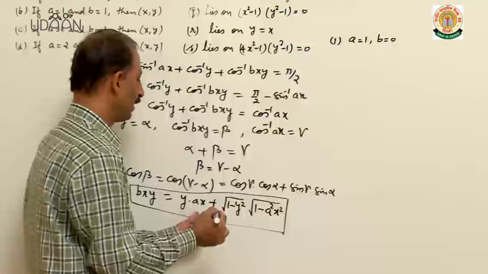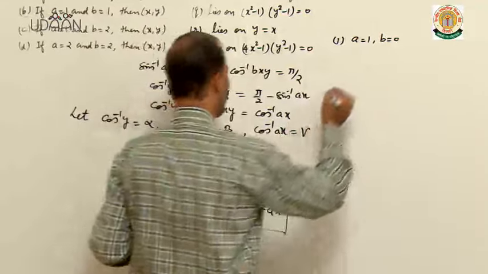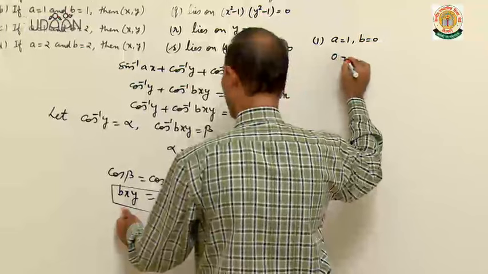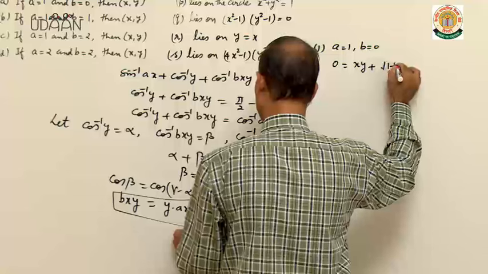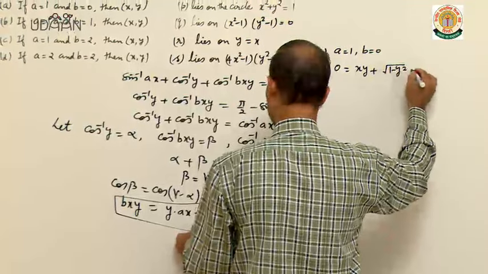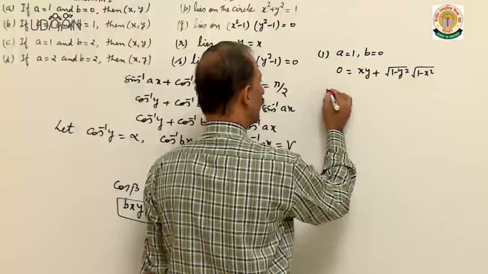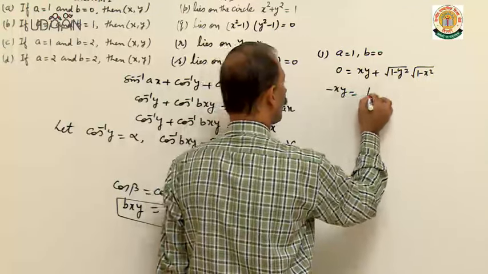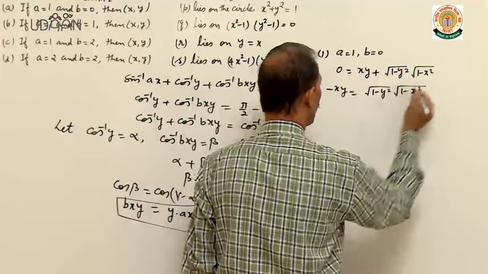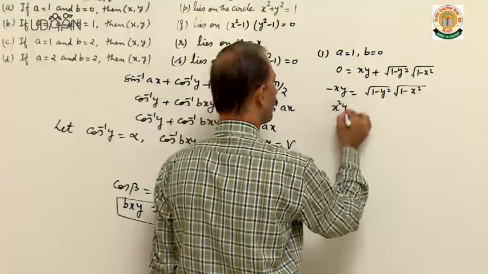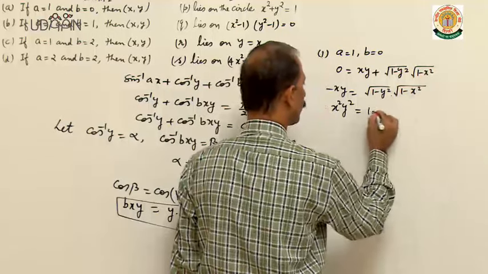First case, they have given a is 1 and b is 0. So in this relation I am putting 1 in place of a and 0 in place of b. So I will get the left hand side 0, equals a x y, that is xy, plus root 1 minus y square into root 1 minus x square. I will transfer xy to this side: root 1 minus y square into root 1 minus x square, squaring both sides, 1 minus y square multiplied by 1 minus x square.